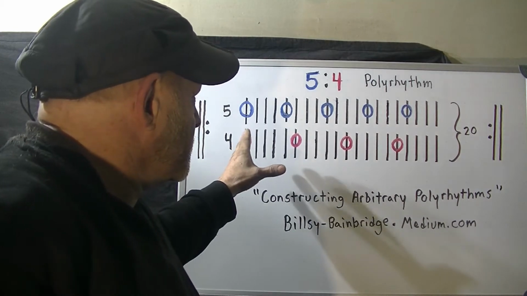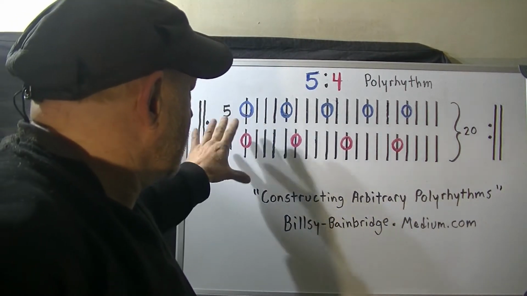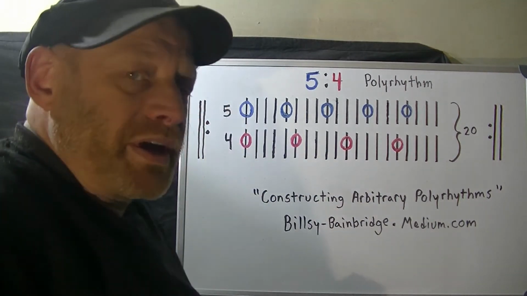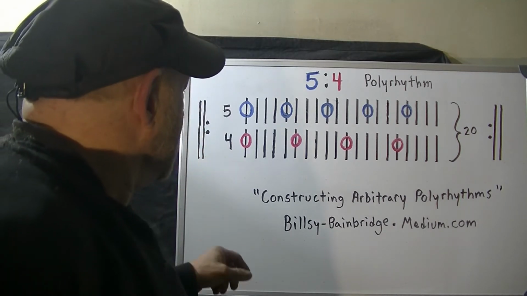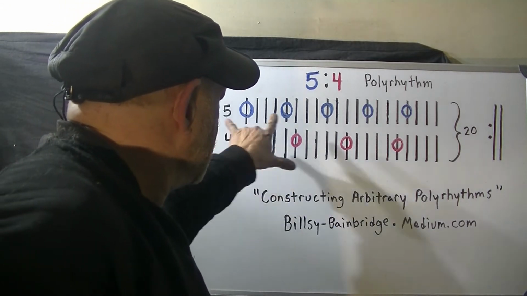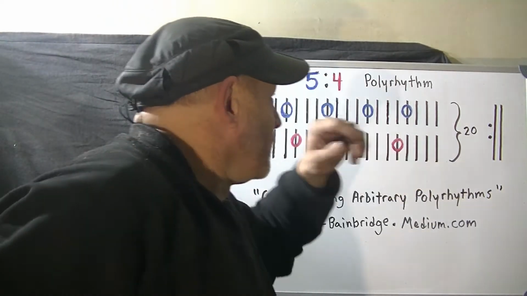That's really the magic behind being able to construct these arbitrary polyrhythms. Essentially, just come up with a multiple that's common to both of the time figures that you want to get to. That's the secret to making this work. Obviously this whole thing is repeated, that's what the repeat signs are about.